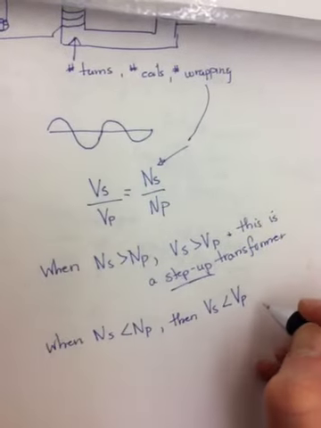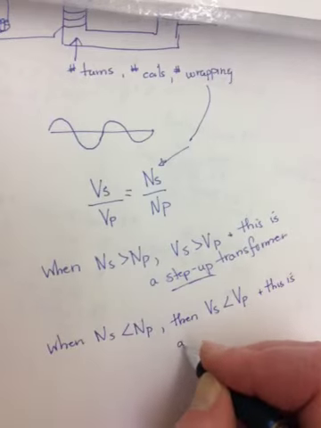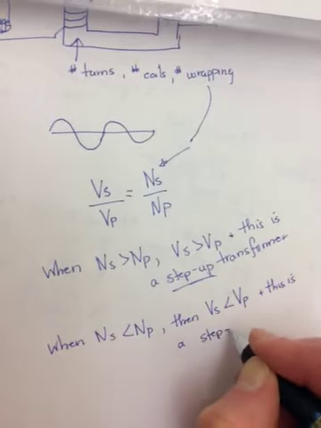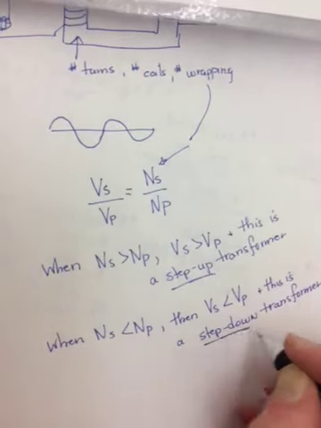And this, you'll never guess what it's called. This is a, can you guess? Step down transformer. Okay, so it means that you're taking a higher voltage and you're decreasing it.